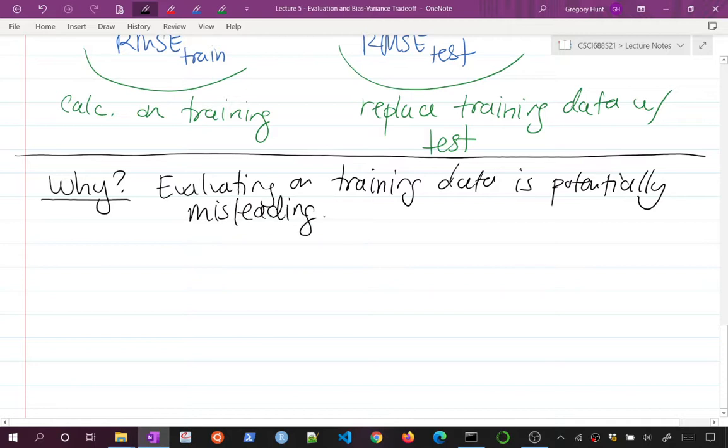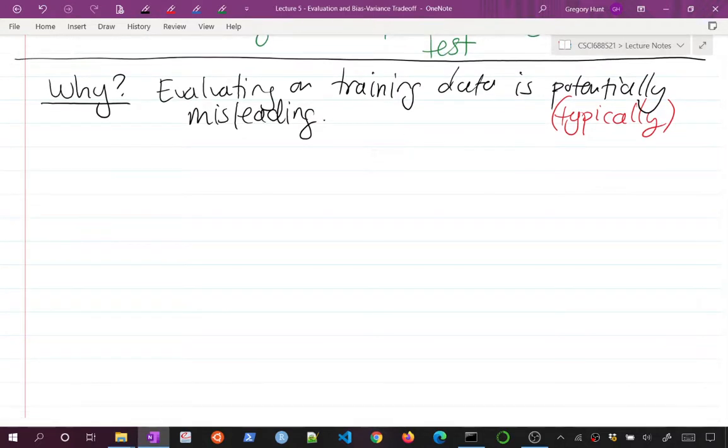Typically misleading. Doesn't have to be wrong, but typically not going to help you out when you're trying to compare different methods, right? So the intuition behind why it's misleading to evaluate your algorithm on the same data you use to train it.